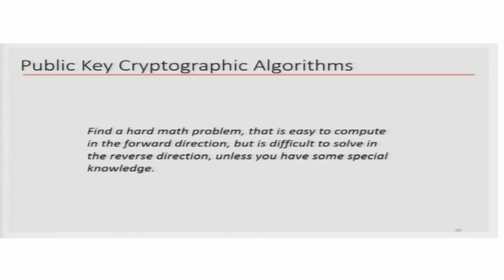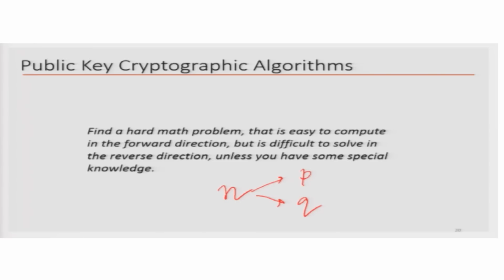Public key cryptography, as I said, is based on a hard mathematical problem. For example, RSA depends on the fact that if I give you a very large integer n, which can be factored into two prime numbers p and q, finding those p and q to factor n is a very hard problem.